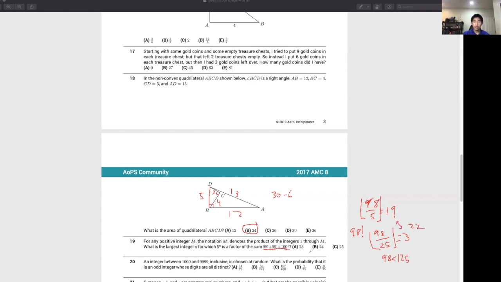But that's not our answer, because we have to consider 99 factorial and 100 factorial. The 99 factorial would be 99 times 98 factorial, and 100 factorial would be 100 times 99 times 98 factorial, and 98 factorial would be 1 times 98 factorial, obviously.